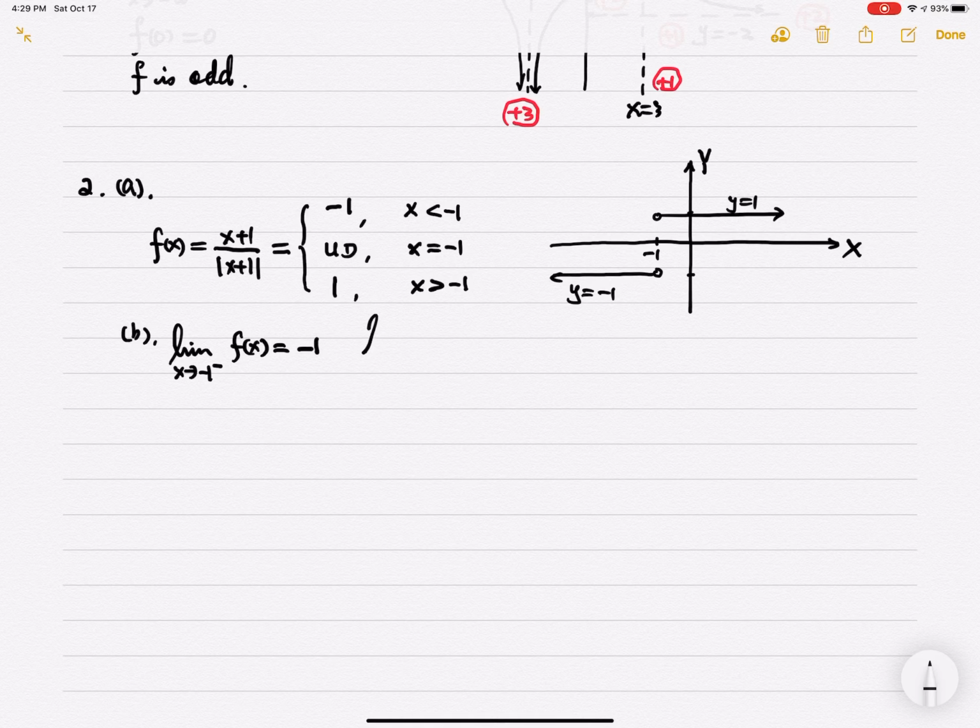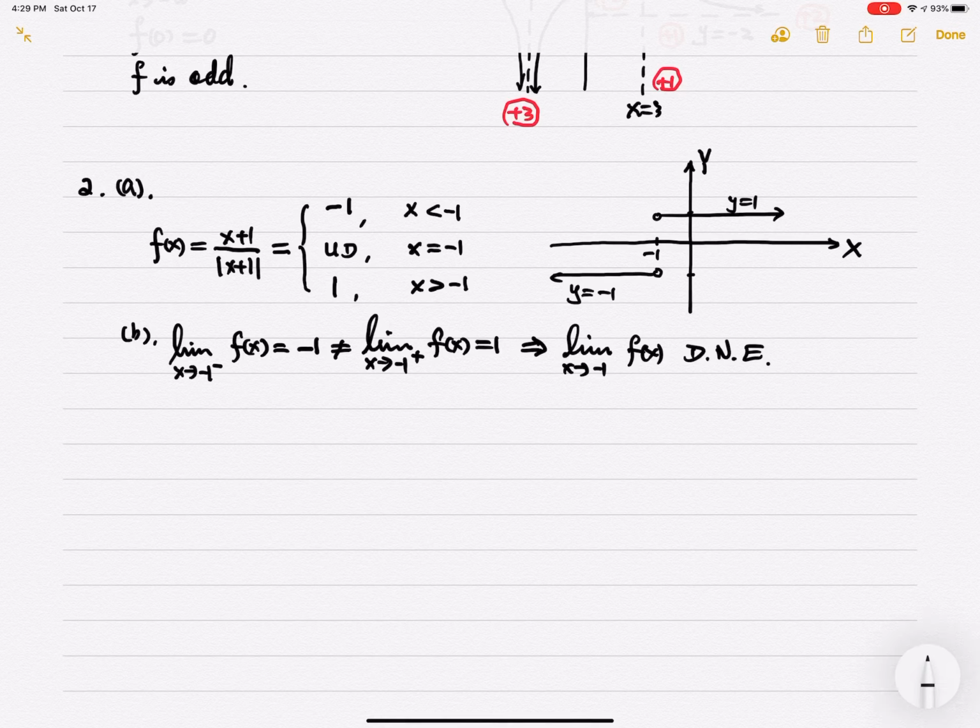And then the limit when x approaches -1 from the right hand side, f(x) equals +1. Then they're not equal to each other, so this implies the limit as x approaches -1 of f(x) does not exist.